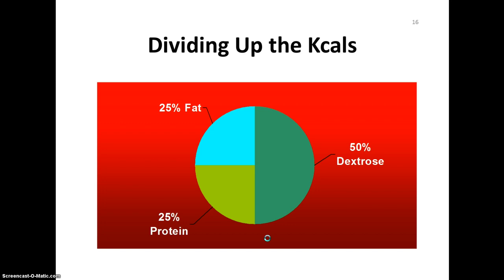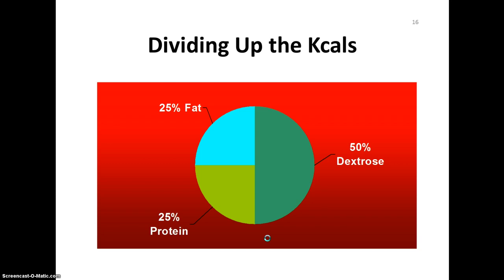Okay, so once you've decided how many total kcals the patient should receive, and again we use the Harris-Benedict equation, indirect calorimetry in some cases, but most commonly kcals per kilogram per day, a weight-based dosing. So now we have, let's pick a number, 1,800 kilocalories per day is what this patient needs. So how do we divide that up amongst the three macronutrients?